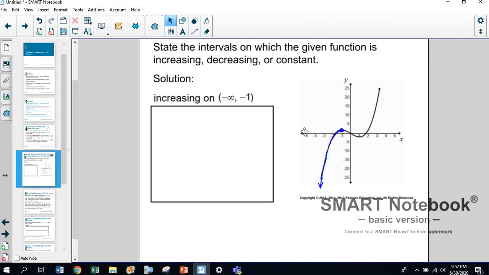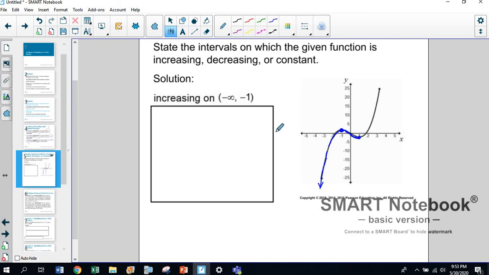So we would write that we are increasing on -infinity to -1. As x moves from left to right, the y values are going up, up, up until you hit -1. Now what happens at -1? At -1 you start to go back down, you're going down slowly, and then it looks like you kind of bottom out here at +1.